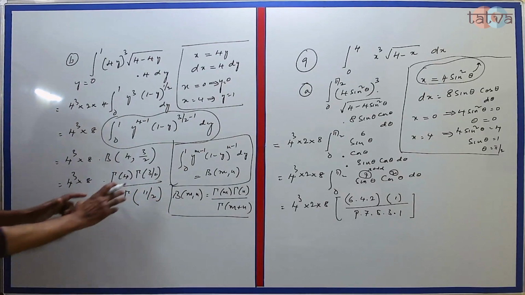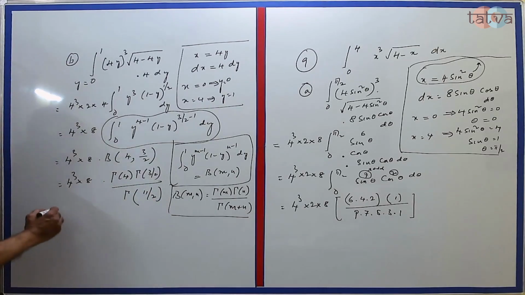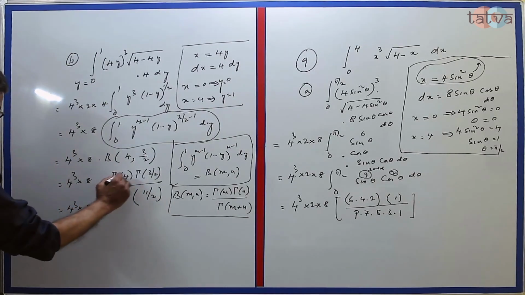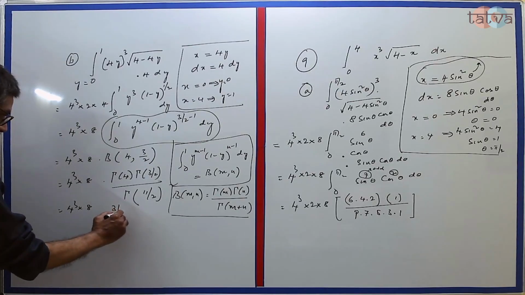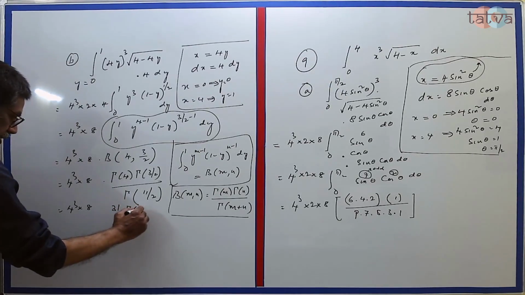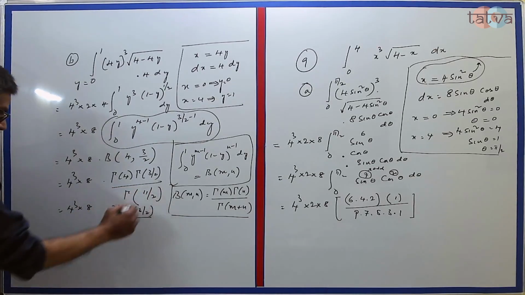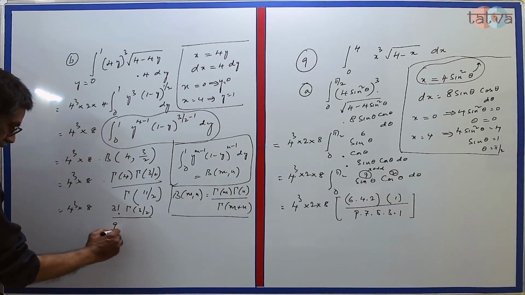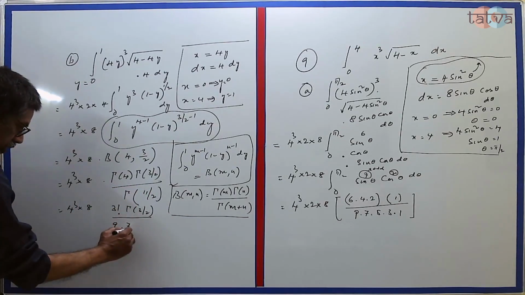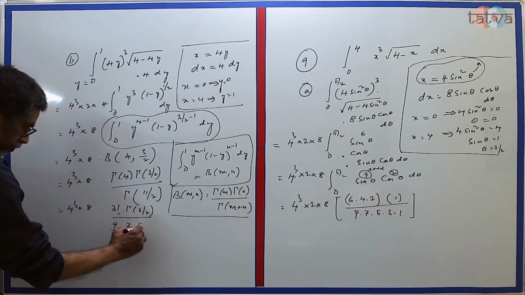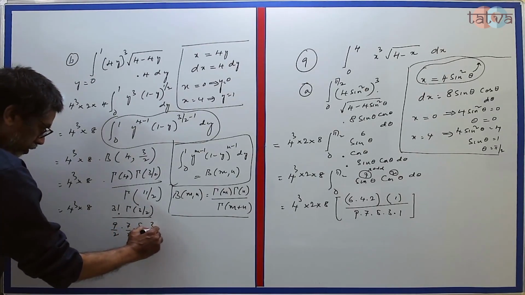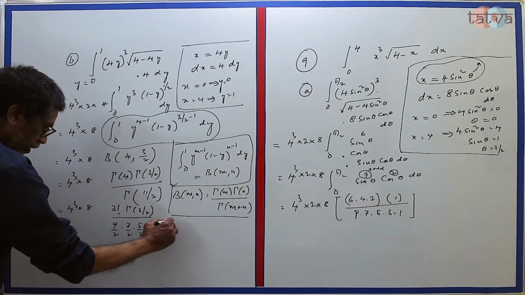And then of course you have to do some reduction here. 4 cubed times 8, gamma 4 is 3 factorial, retain gamma 3 by 2 as it is. Reduce your gamma 11 by 2 as 9 by 2, 7 by 2, 5 by 2, 3 by 2 into gamma 3 by 2.